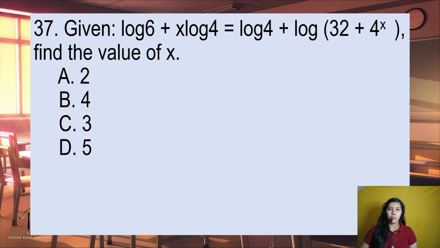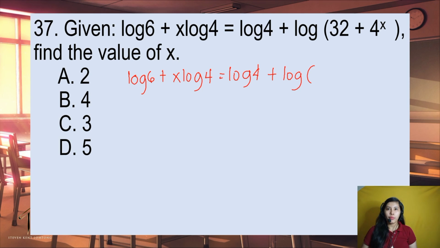So, and that is what I'm gonna do here. So, I will write the equation is equal to logarithm of 4 plus logarithm of 32 plus 4 raised to x.